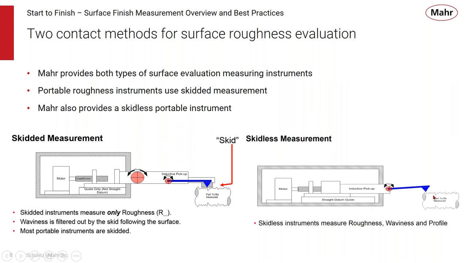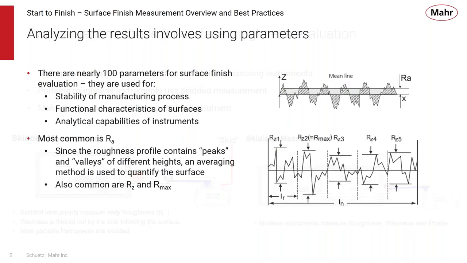These systems are a little bit more expensive because they have to have the straight datum in there, but they can give you more information in terms of roughness, waviness, and profile. So Mahr makes both these types of systems, and we also make the optical systems, as I mentioned previously.